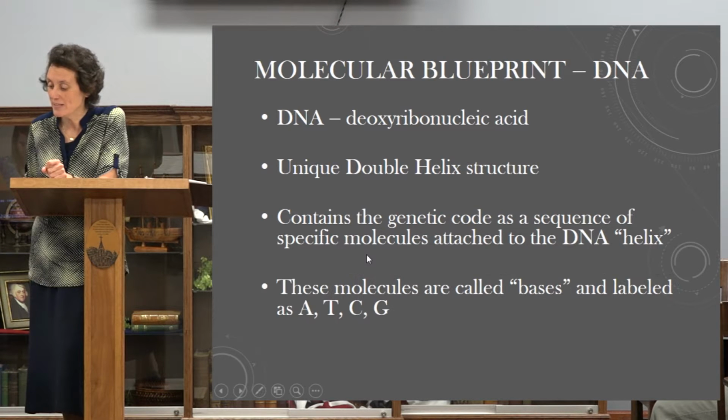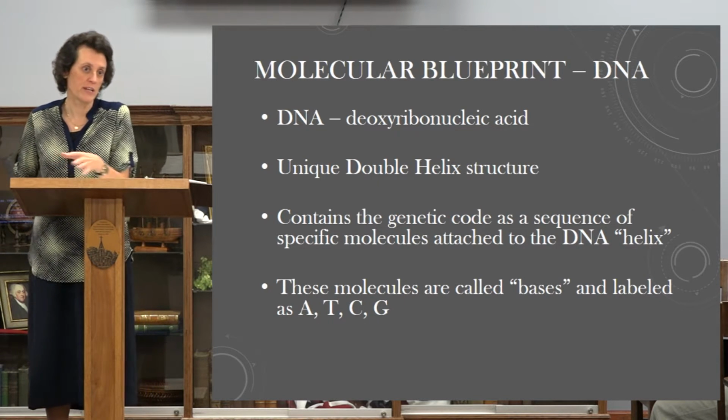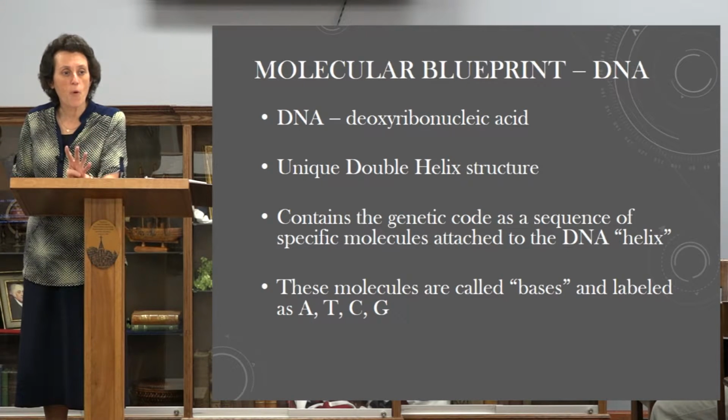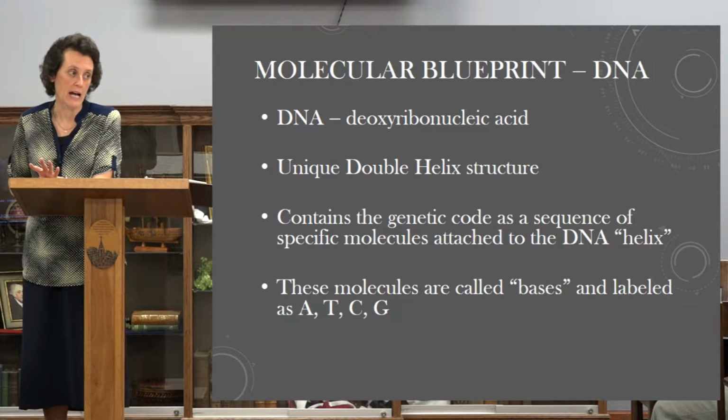It is a sequence of very specific molecules. These molecules are, chemically speaking, bases. They're called nitrogenous bases. But there are 4 different kinds of bases that make up DNA. They're called nucleotides.